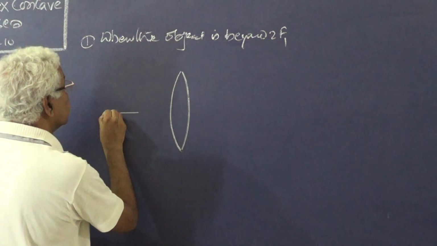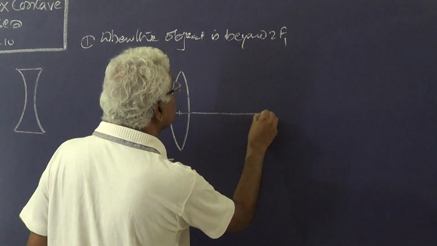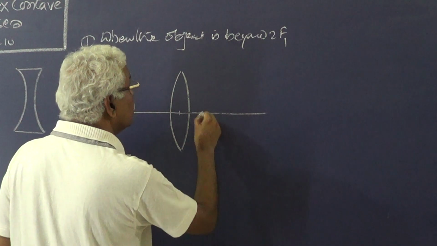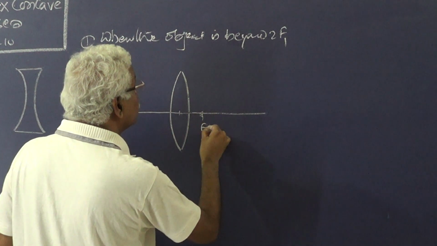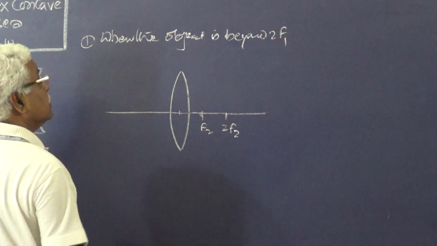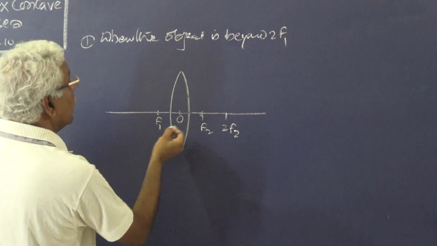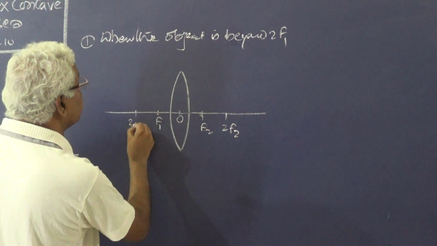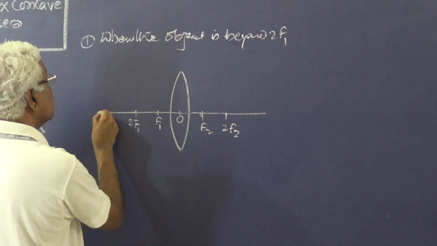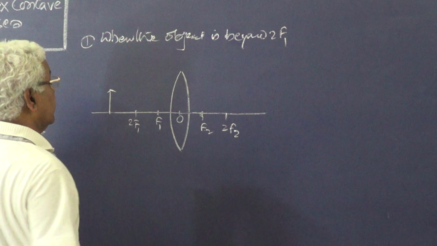Now students, pay attention. These are your lenses. It is the optical center. It is your F2 to F2, it is equidistant. This is equal to this. It is O. Here it is F1 and equidistant is 2F1. The object is here.